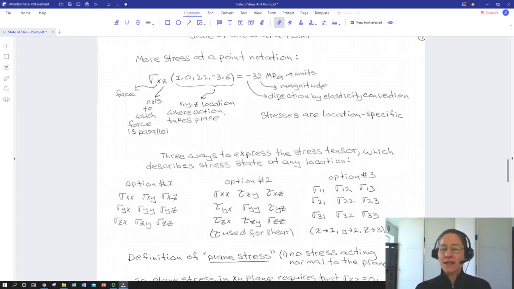Direction by elasticity convention is negative, so that means it's on the x face pointing in the negative z direction. Magnitude is 32 megapascals. So that's everything you could want to know about that stress: face, direction, point of application, magnitude.